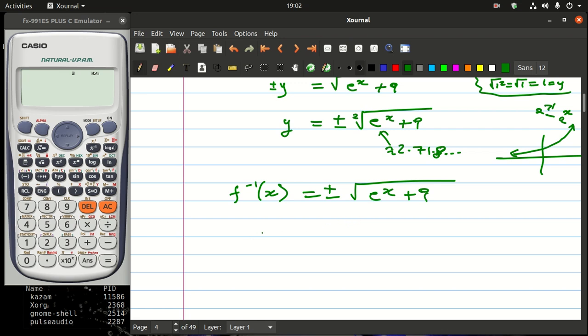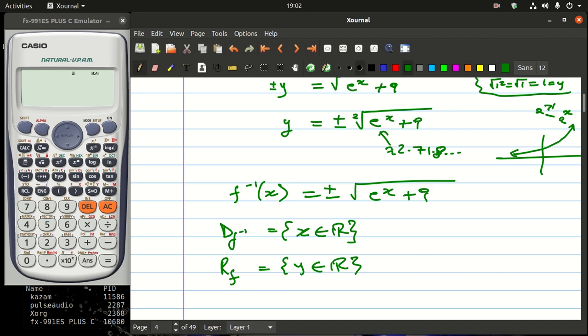So basically, what we will end up with is something like this, and also the domain of this inverse function is x is an element of real numbers. So that's how we'll end up finding the domain of this, and also the range of the original function is going to be y is an element of real numbers, because we can plug in anything here.